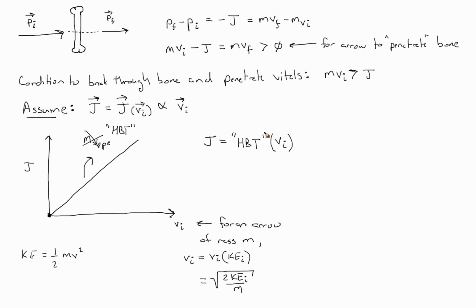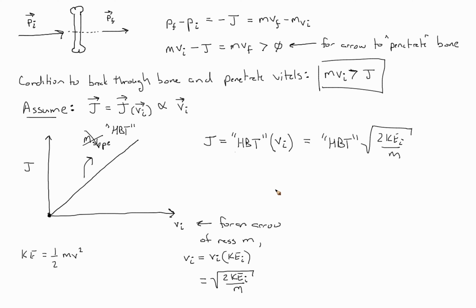And so what we can then do is just rewrite this equation as the heavy bone threshold, which is what we're calling HBT, times the square root of 2 KE initial divided by mass. All right, and then let's look at what this inequality says.